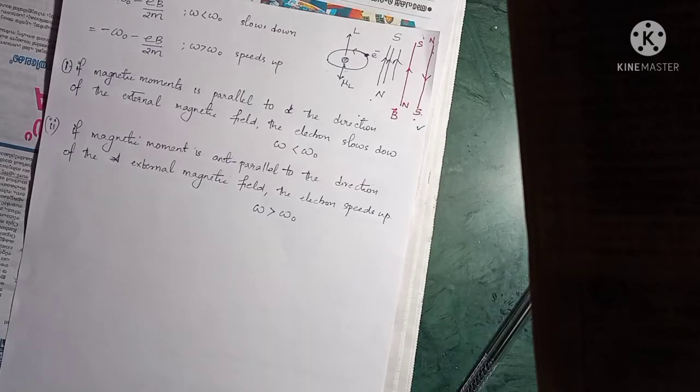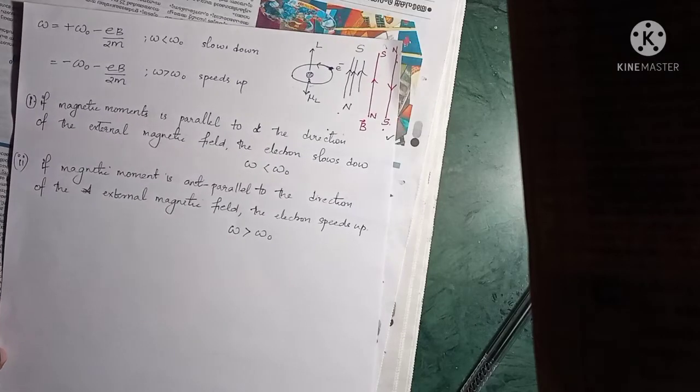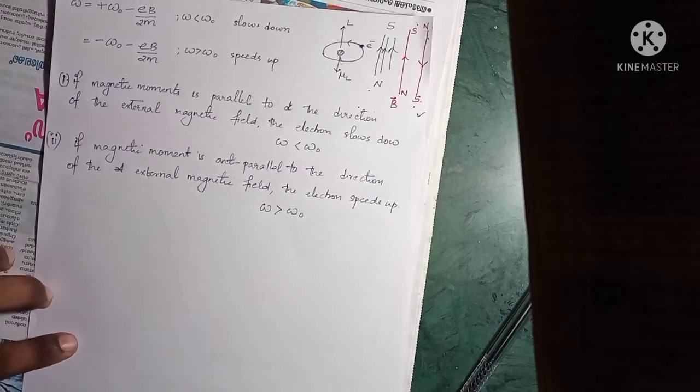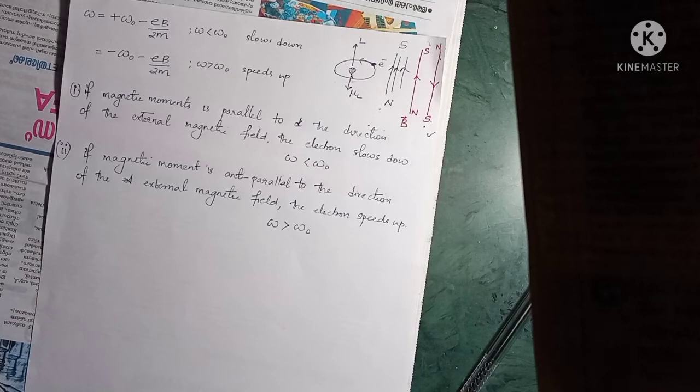So we've seen that the application of an external magnetic field causes an additional change in angular frequency, either decreasing the angular frequency by a particular amount or increasing it by a particular amount.